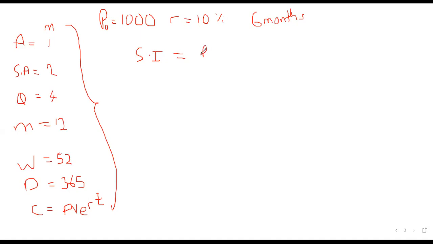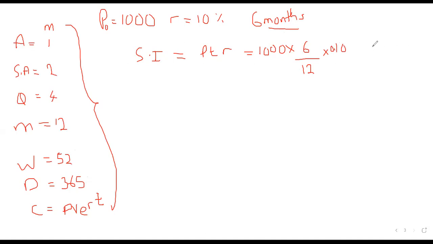So to find the simple interest, it is PTR. Our principal is 1,000. Our time is 6 months, but we're not going to say 6. 6 out of how many months are there? 12. If you're asking us in terms of days, we're going to divide over 365. In terms of weeks, we're going to say what? 52. Right? Then the interest rate is 10%, 0.10.